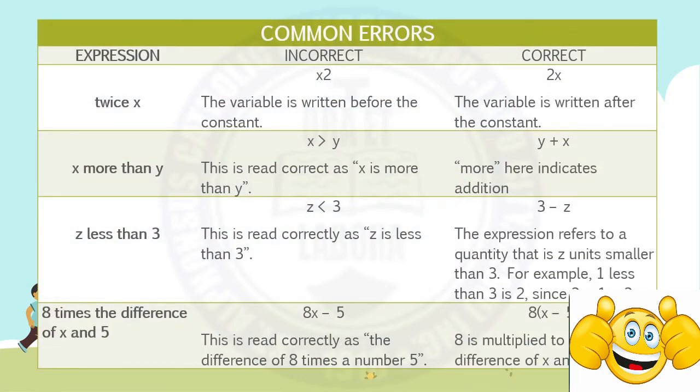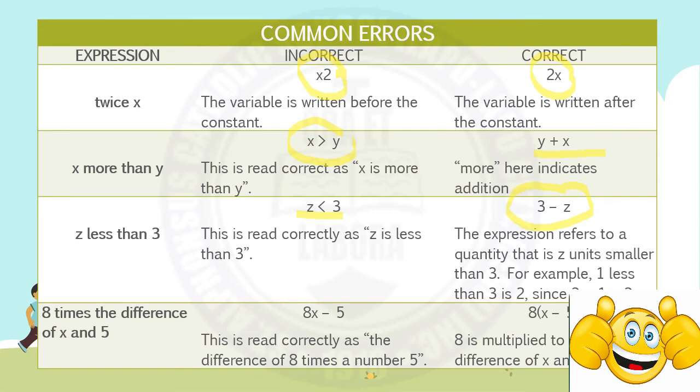Don't forget, these are the common errors. Twice x. When you say twice x, mostly the common error is they use x times 2 instead of 2x. x more than y. They use this instead of like this. z less than 3. They're using it like this, but it should be 3 minus z. 8 times the difference of x minus 5.